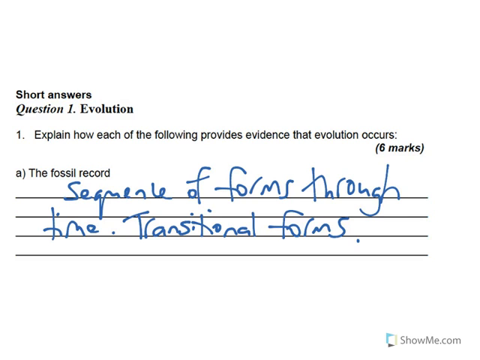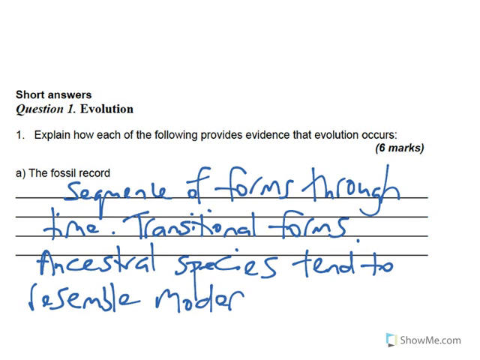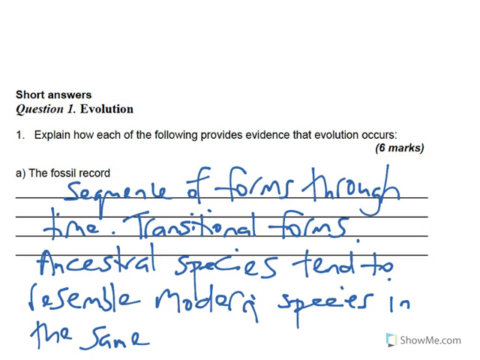So we can see transitional forms, we can order things through time, and what is also important about the fossil record is that we see that ancestral species, those that lived in the past that we find in the fossil record, tend to resemble in some way modern species in the same location.